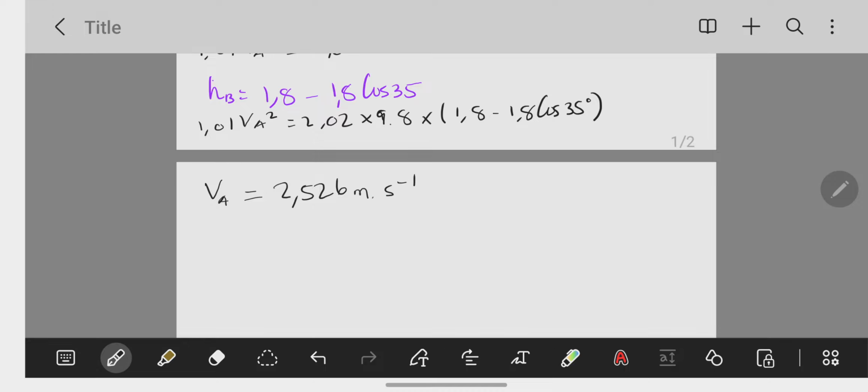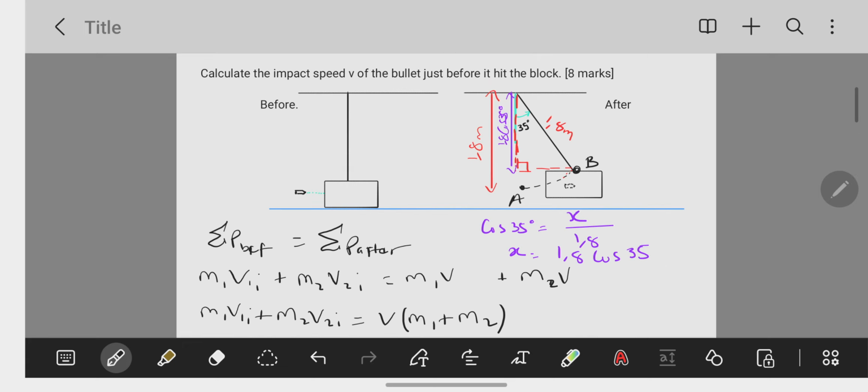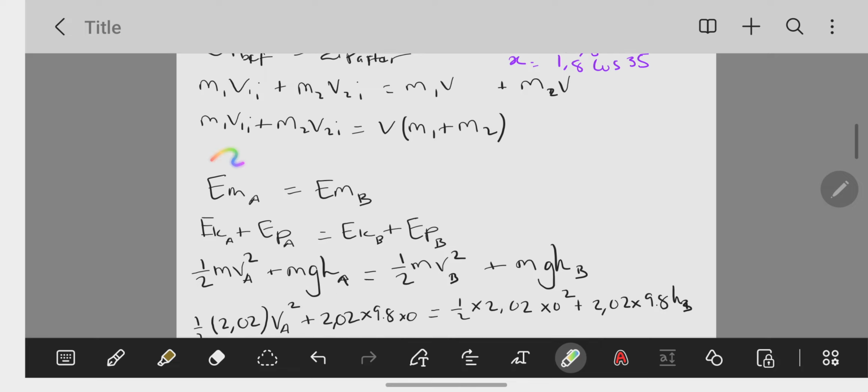So this is the velocity, the initial velocity as it swings up. But remember, this velocity as it swings up, the initial, is the velocity after the collision. So now I go back to this formula here. The velocity just calculated is actually this velocity there.